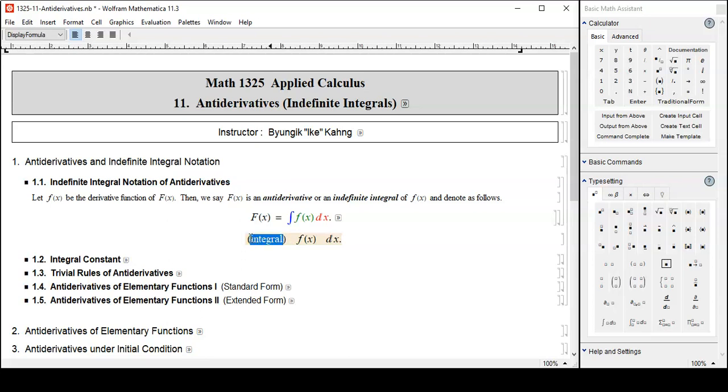The first symbol here, that's called the integral symbol, and that opens up this expression. And then the original function, the starting function, and then dx. That closes this expression, okay? Opens and closes. Don't forget to close.